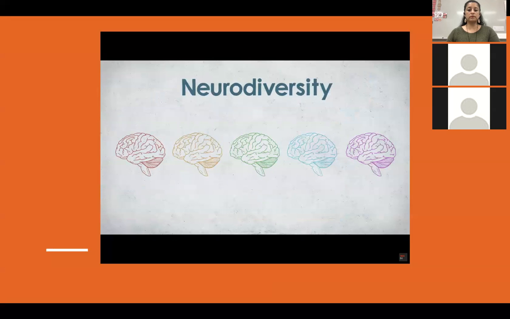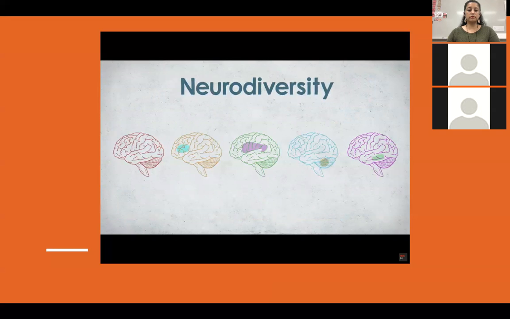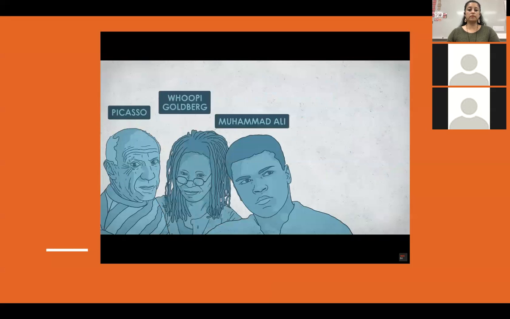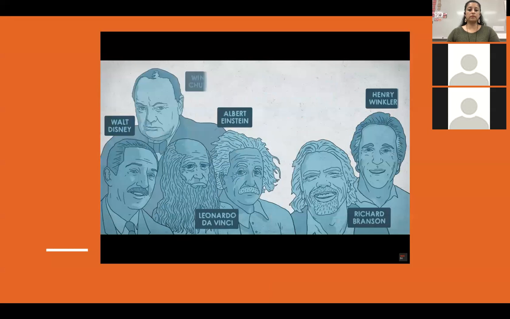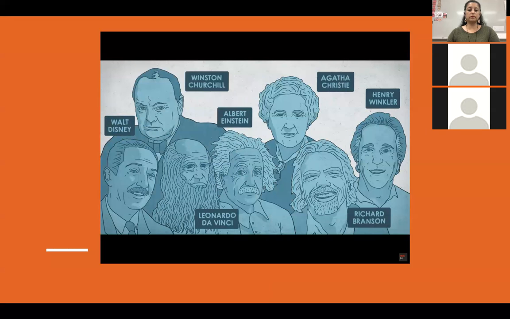Neurodiversity is the idea that because all our brains show differences in structure and function, we shouldn't be so quick to label every deviation from the norm as a pathological disorder, or dismiss people living with these variations as defective. People with neurobiological variations like dyslexia, including such creative and inventive individuals as Picasso, Muhammad Ali, Whoopi Goldberg, Steven Spielberg, and Cher, clearly have every capacity to be brilliant and successful in life.